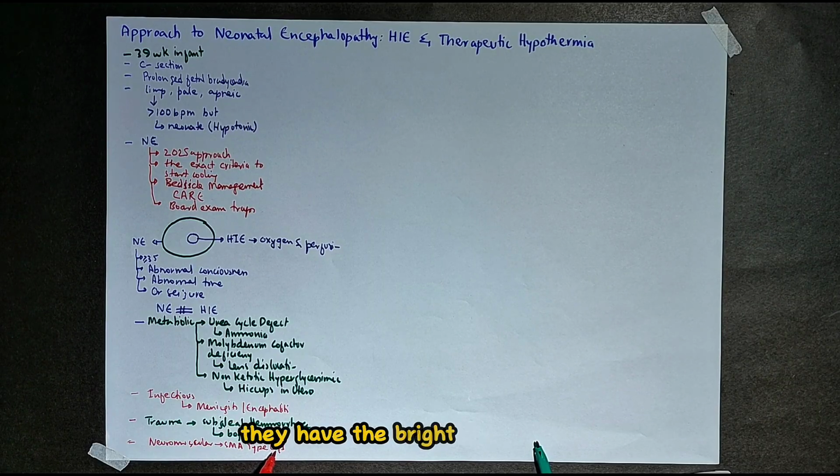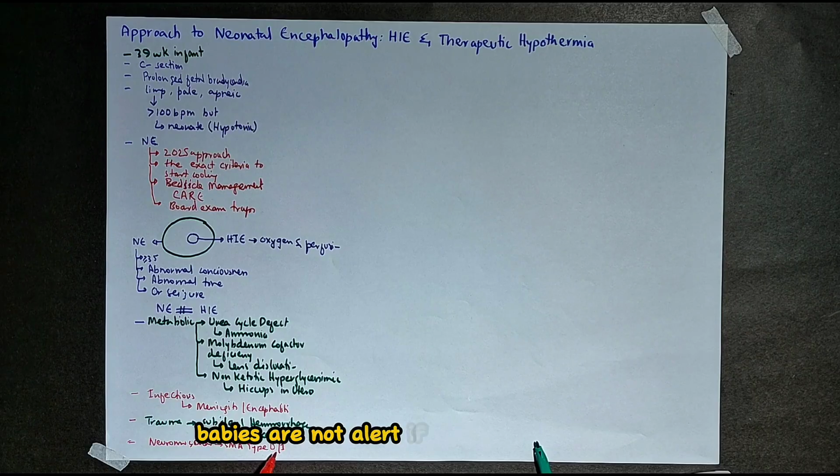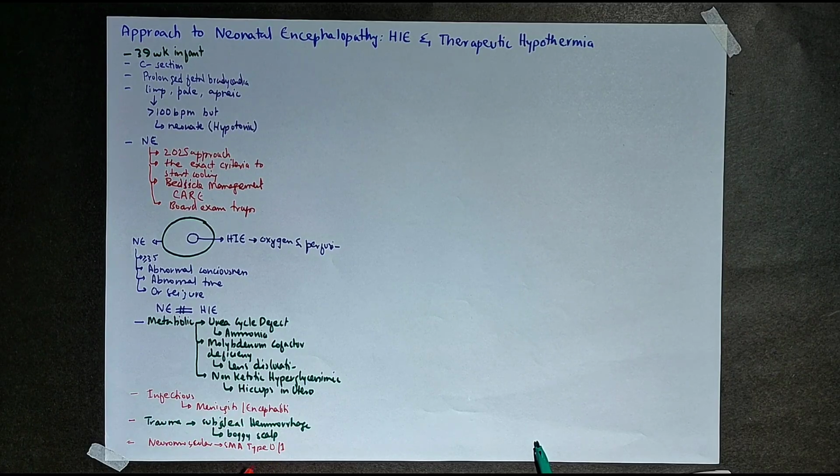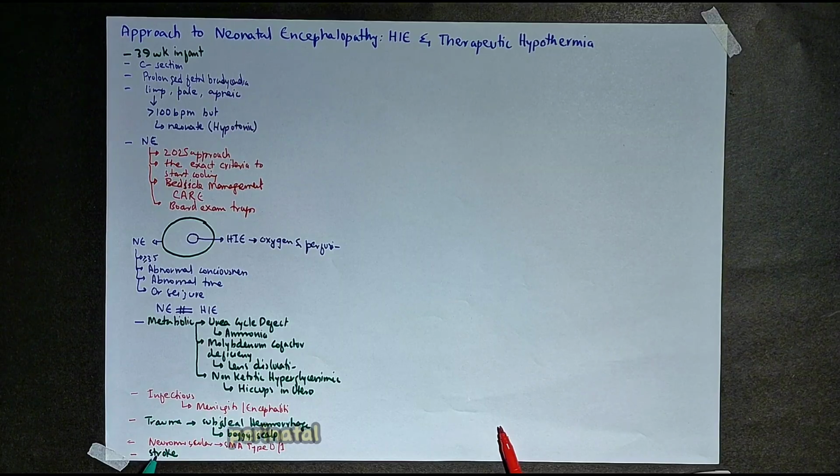They have the bright eyes sign. But hypoxic-ischemic encephalopathic babies are not alert if they are flaccid. And one other mimic is stroke. Perinatal arterial ischemic stroke often presents with focal seizures rather than global coma.